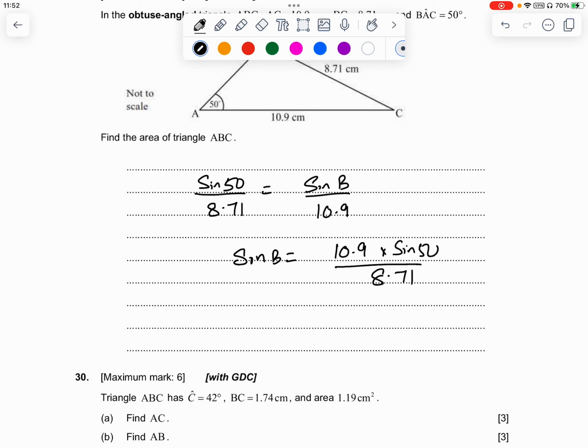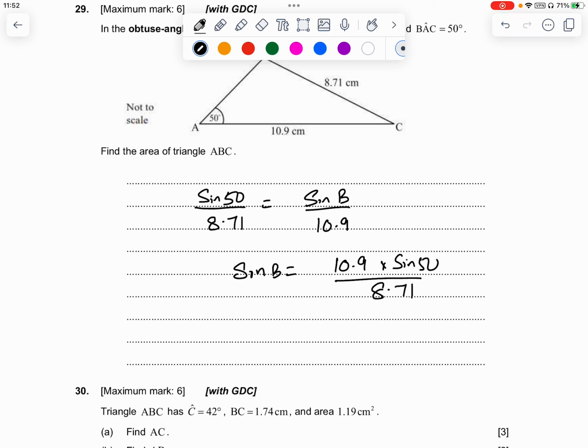We will be calculating the angle by doing sine inverse of 10.9 times sine 50 divided by 8.71.